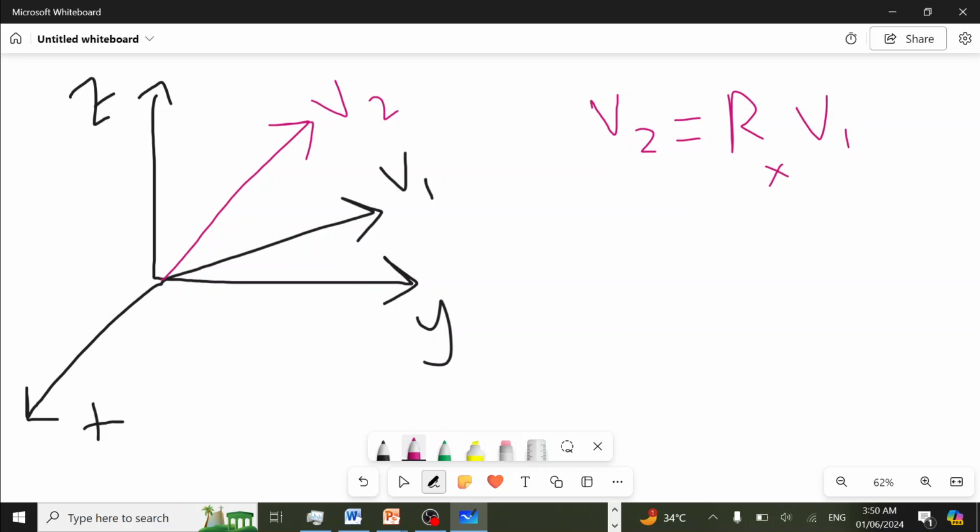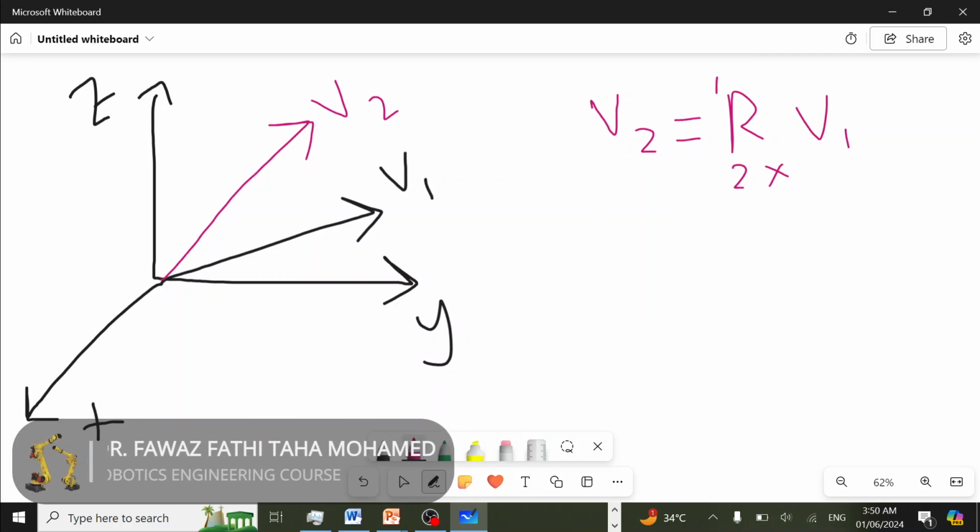We can call this the first rotation. Also we can call it R2, rotation from position 1 to 2.